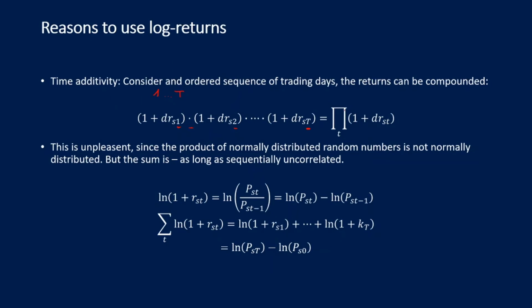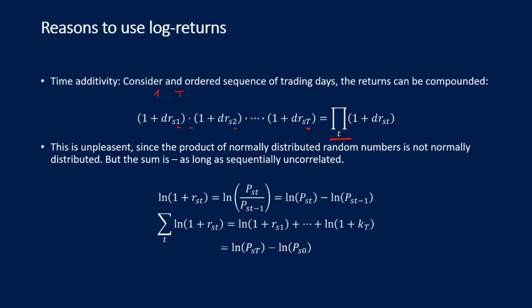We simply take the multiplication sign. It's mainly equivalent to the sum sign, but we multiply and do not add up. So here we multiply all the numbers t for 1 plus the daily return. But this is very unpleasant because the product of normally distributed random numbers is not normally distributed. So statistically, we run into trouble here. The sum of normally distributed random numbers is normally distributed.